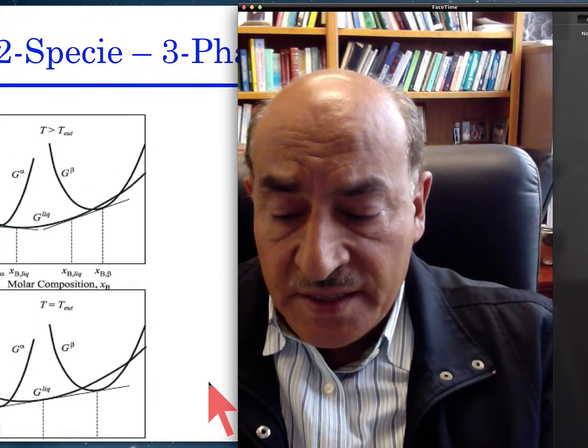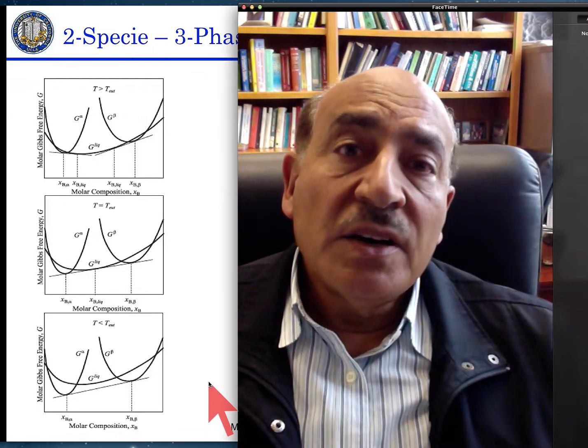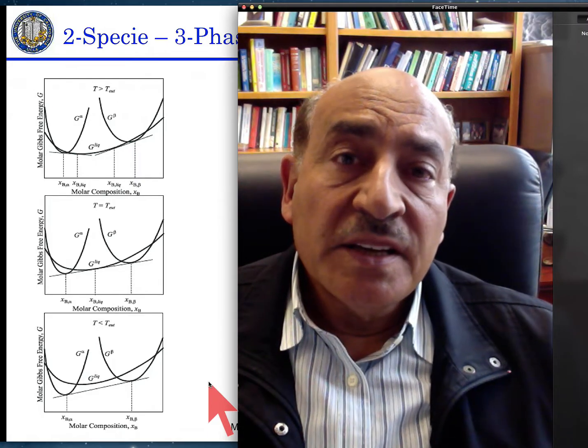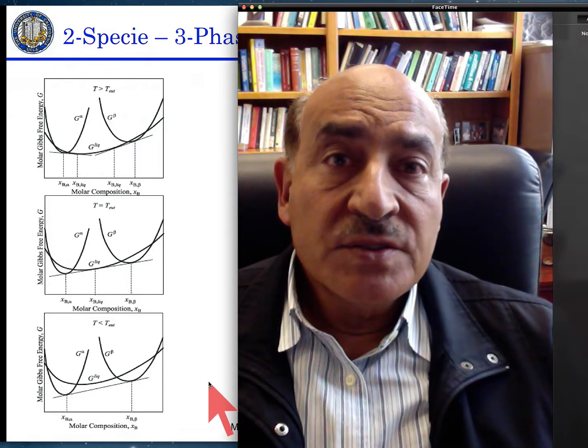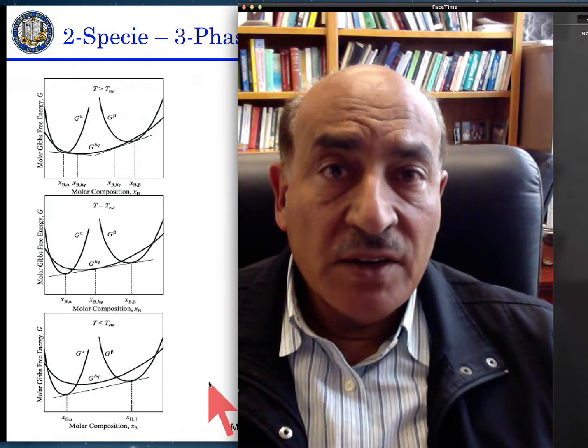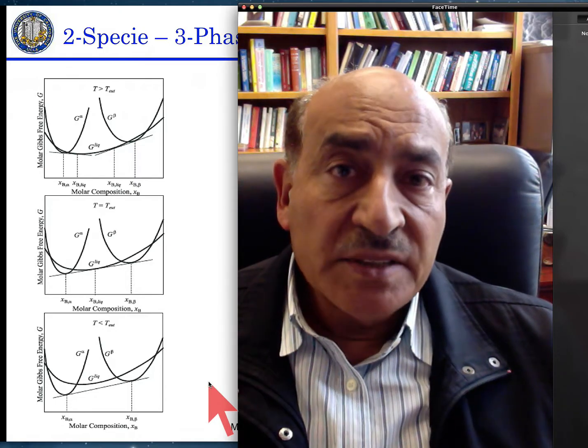The next idea that we wanted to discuss is equilibrium between three different phases. Suppose that I have an alloy of copper and gold, and the alloy is melting.